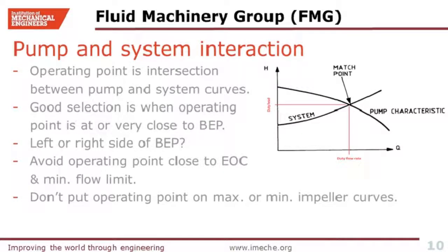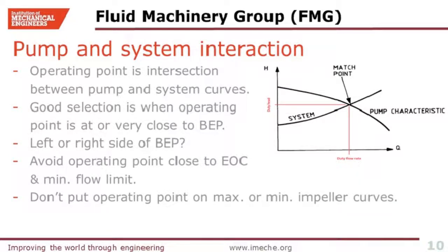They found that the average pumping efficiency was below 40%, and that over 10% of those pumps were running below 10% efficiency. So unfortunately, poor pump system selection is still a widespread issue.